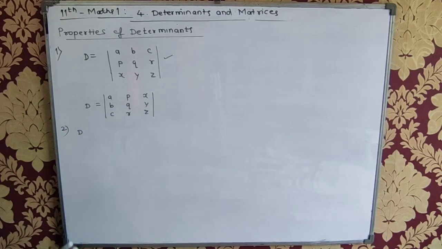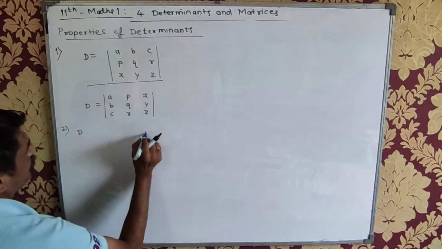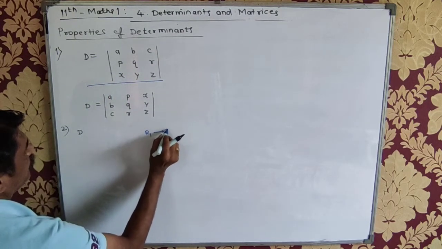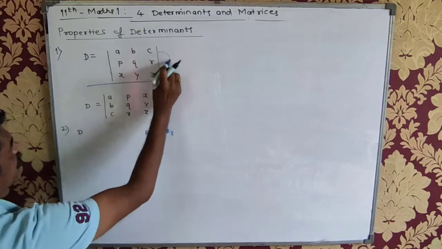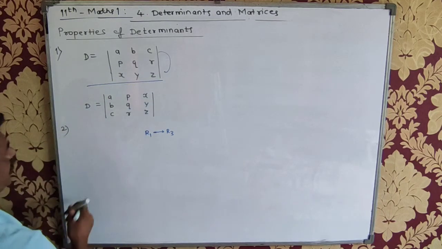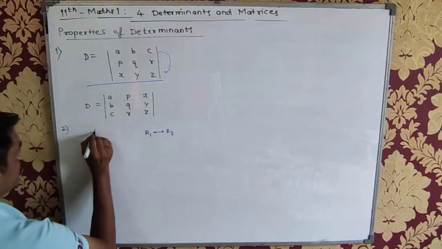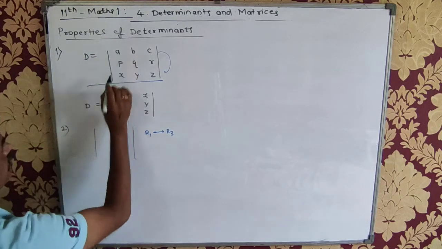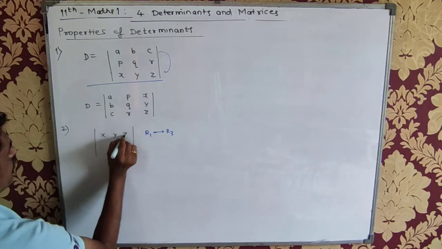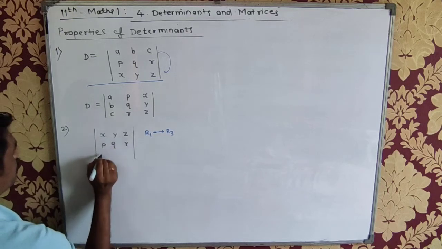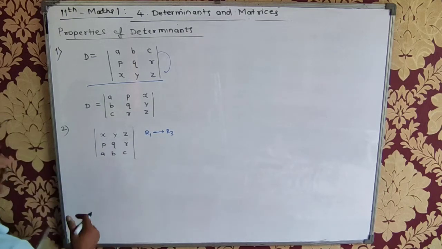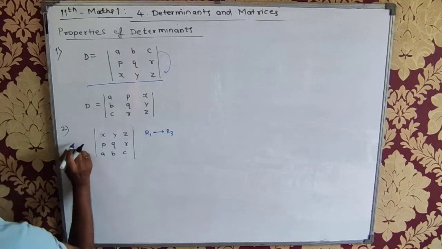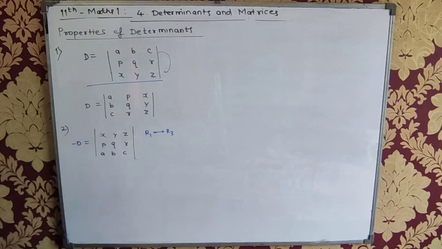Now if I interchange row 1 and row 3, what will this determinant become? X, Y, Z, then P, Q, R, then A, B, C. In this case the value of determinant will be minus D. It will change only in the sign.